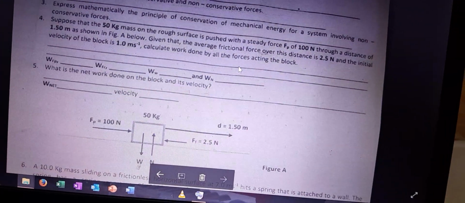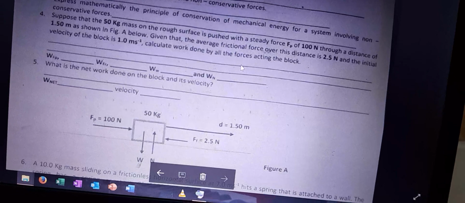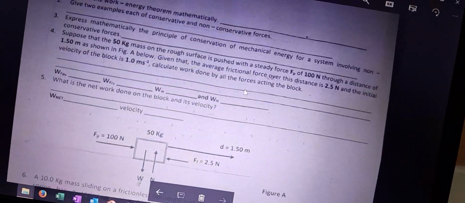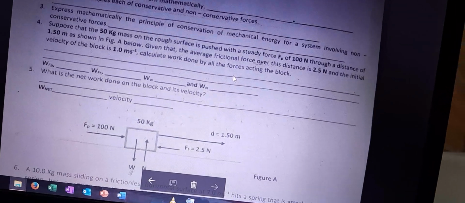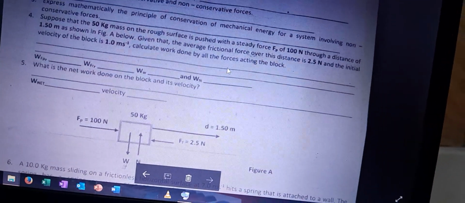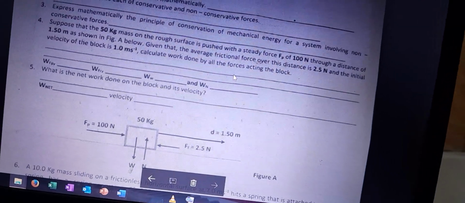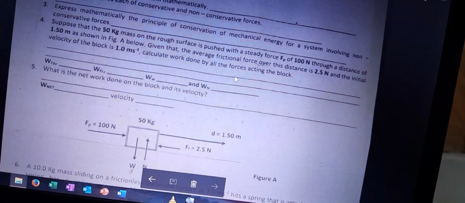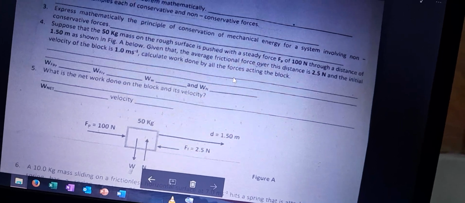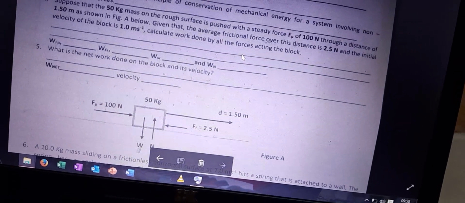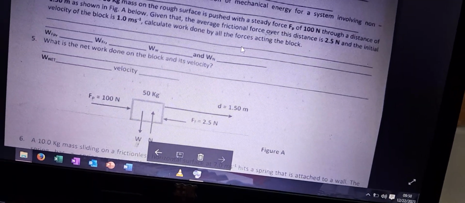Concerning potential energy, a conservative force is associated with potential energy. The work done by a conservative force can be expressed as a change in potential energy, and this potential energy is a function of position. Whereas a non-conservative force is not associated with potential energy.